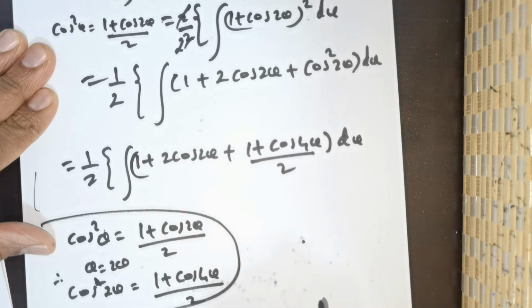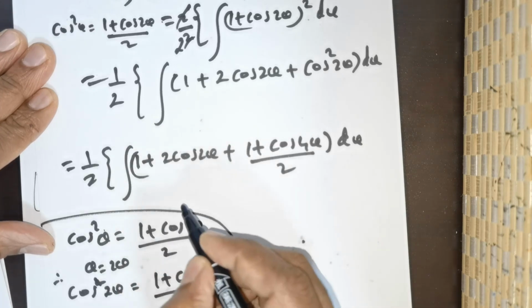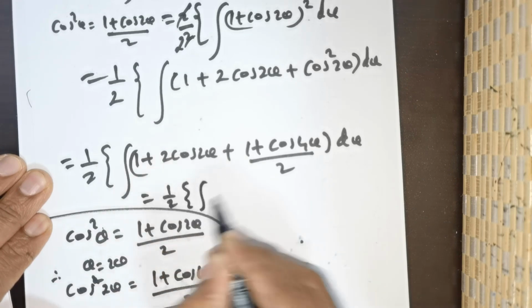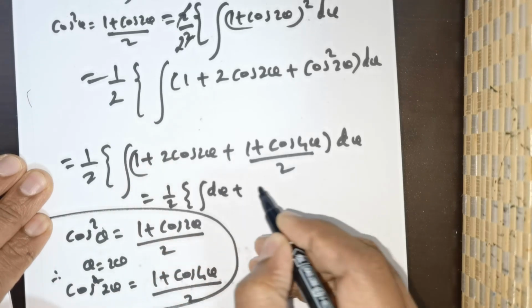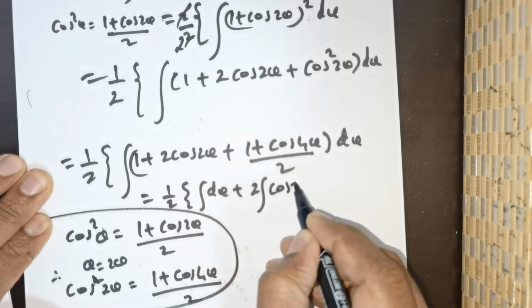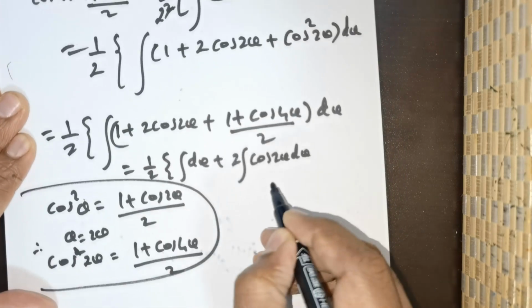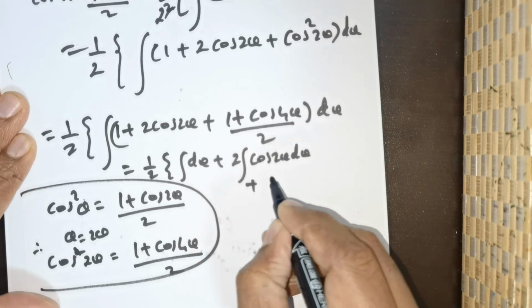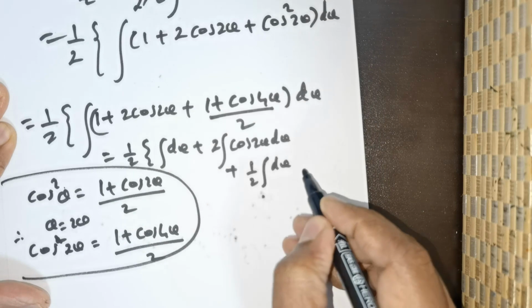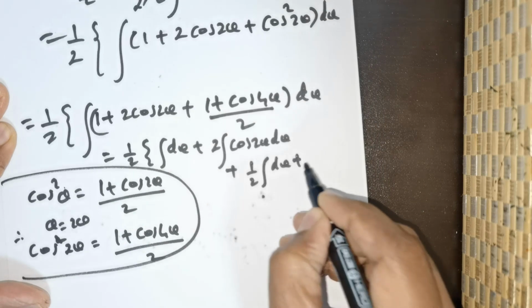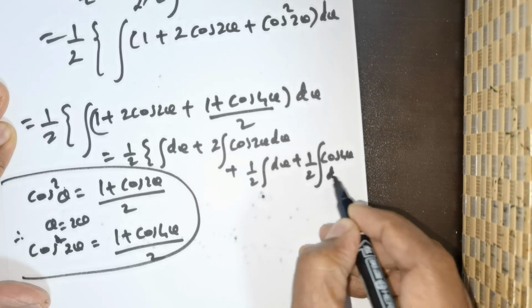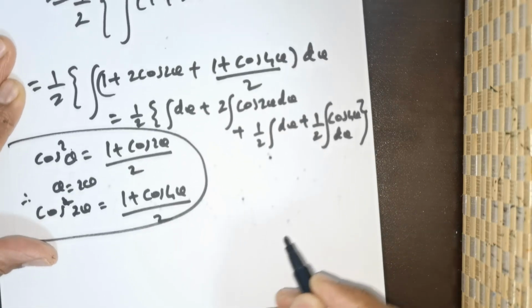So now what I wish to do is split this. This is equal to 1 over 2 times the integral of d theta plus 2 times the integral of cos 2 theta d theta plus 1 over 2 times the integral of cos 4 theta d theta, right?